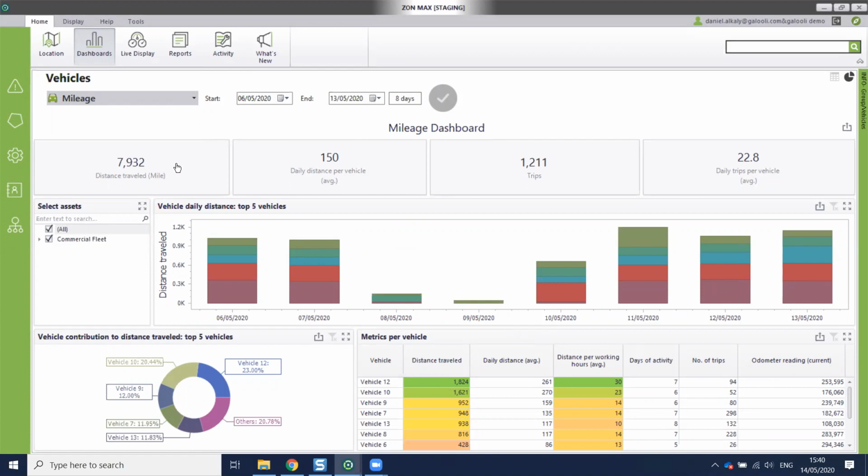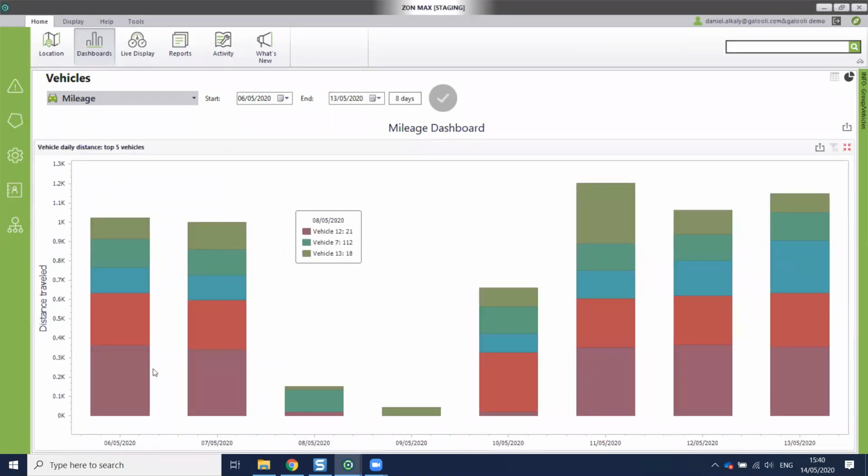So we see the overall distance, the daily distance, and information about the trips. We can view this on a daily basis, exactly what kilometers were covered by all the vehicles.